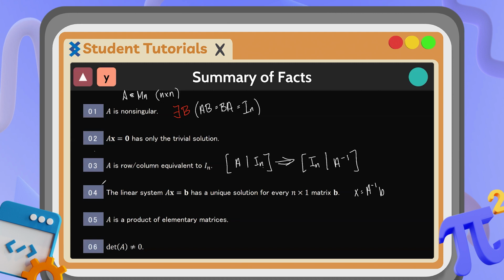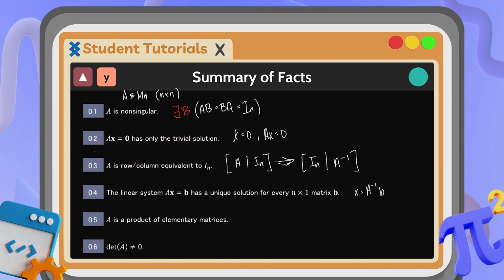And because based on fact number 4, we know that the linear system has a unique solution, therefore A times x equals 0, the homogeneous system, would only have one solution, and that is the trivial solution, wherein x is equal to 0. And because it's non-singular in nature, based on fact number 6, the determinant would also be non-zero.